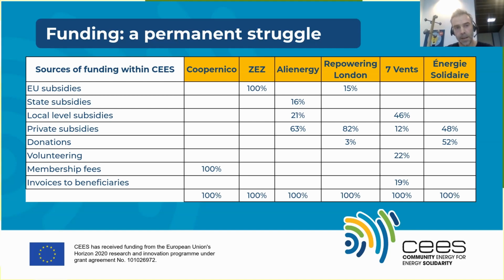We can see that state subsidies, at least public subsidies for Ali Energy and Sept-Vents, are quite important, as well as private subsidies. For Ali Energy and Repowering London, it makes more than half of their total budget. So there's a strong dependency, let's say, on these sources of funding, and the problem is to have a look at what happens when one of those sources just runs dry.